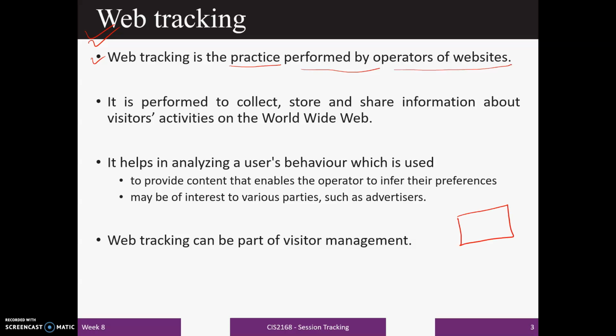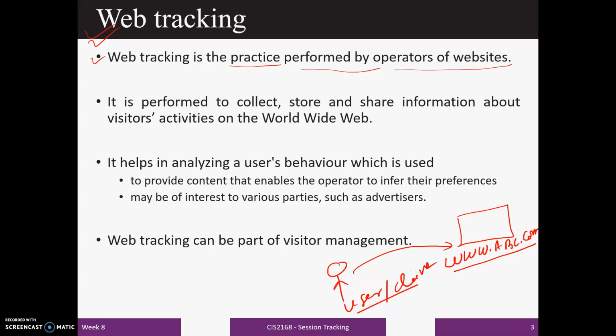Suppose I have a website and the name of my website is www.abc.com. What I want to do is track the details of the user or client who is visiting my website.